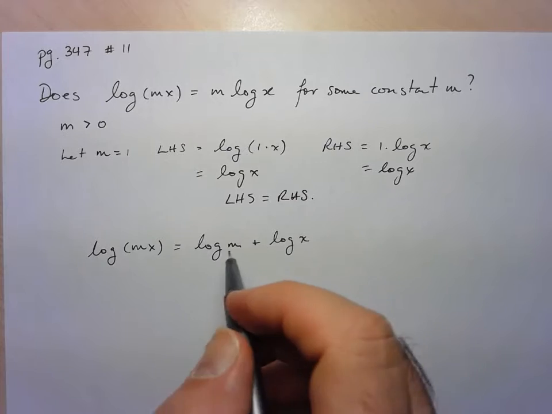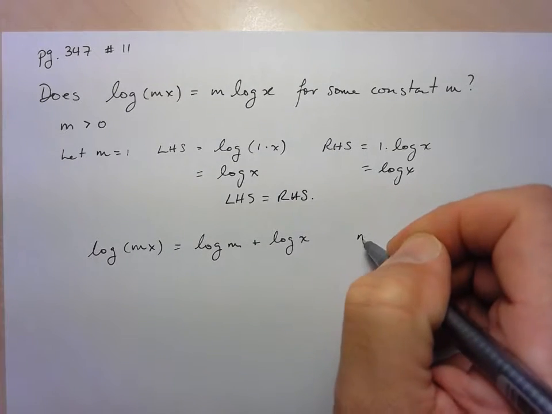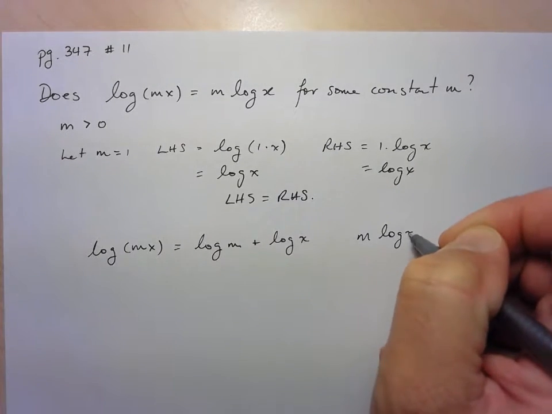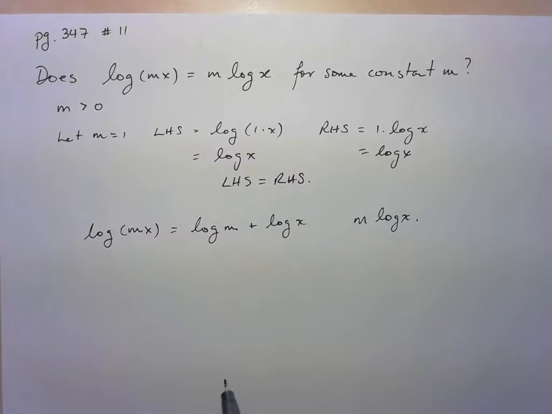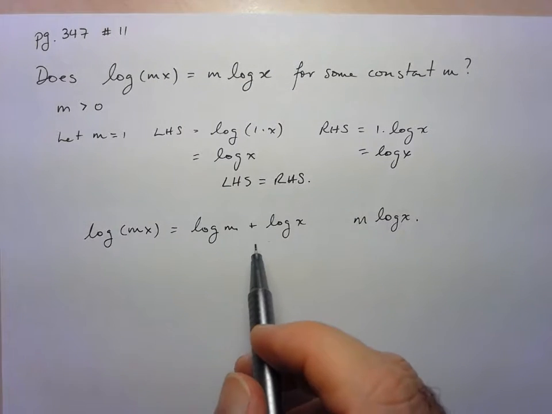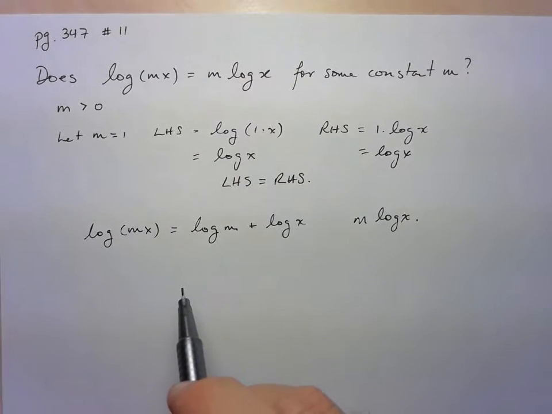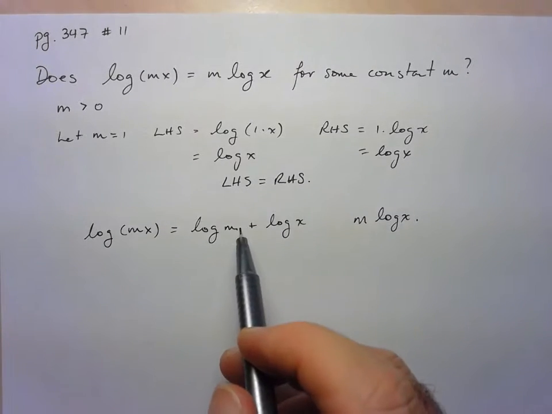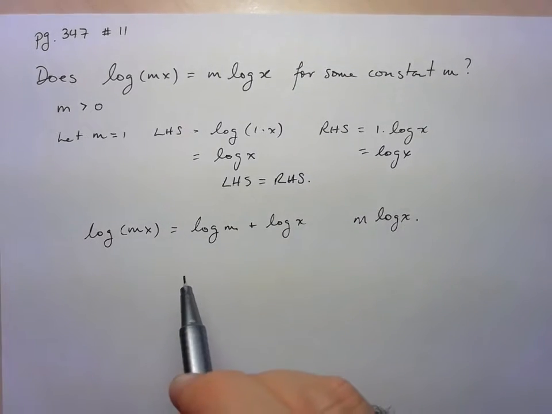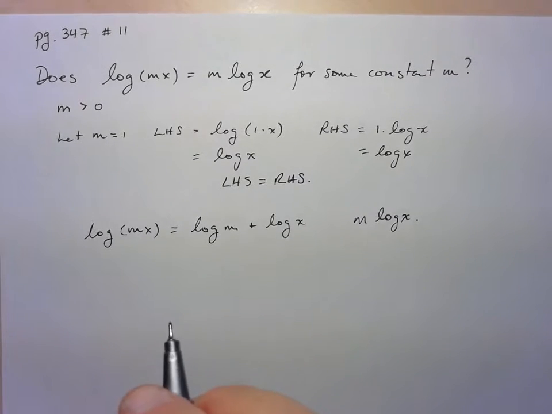And I don't think that this is going to be equal to m times log of x. Having said that, I need something a little more precise than just a feeling here. I'm not quite sure where I would go with this to try to give an algebraic justification, because I clearly can't check every single m value. So I'm going to have to find a way to give a justification.